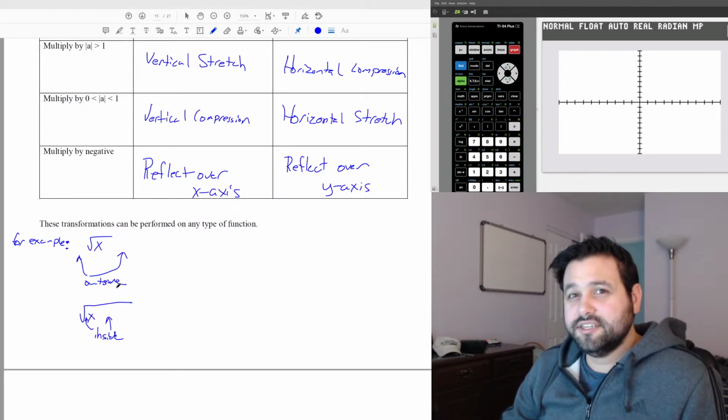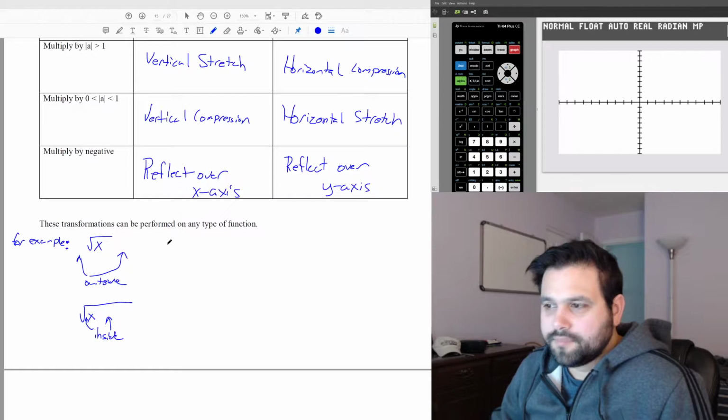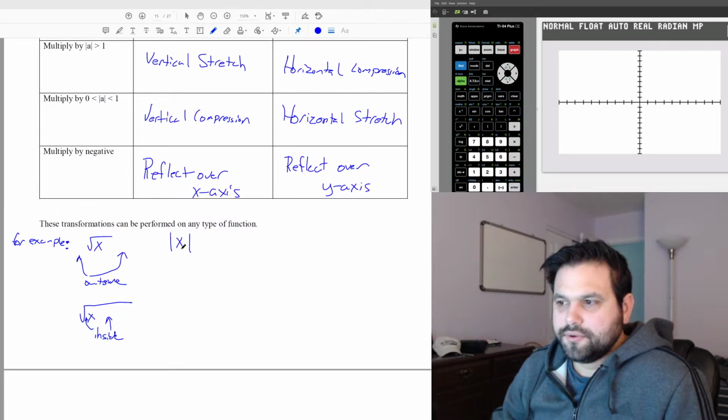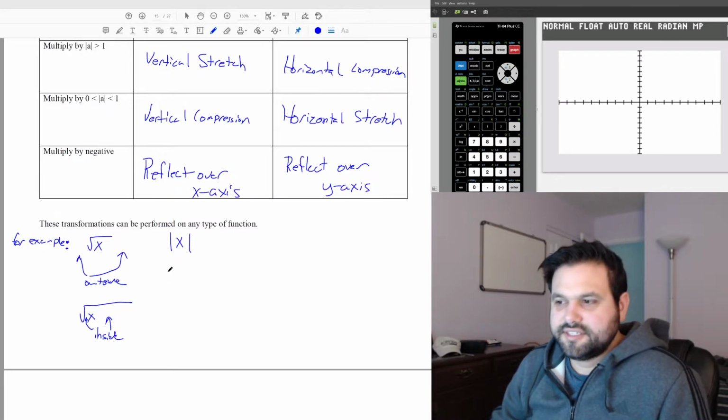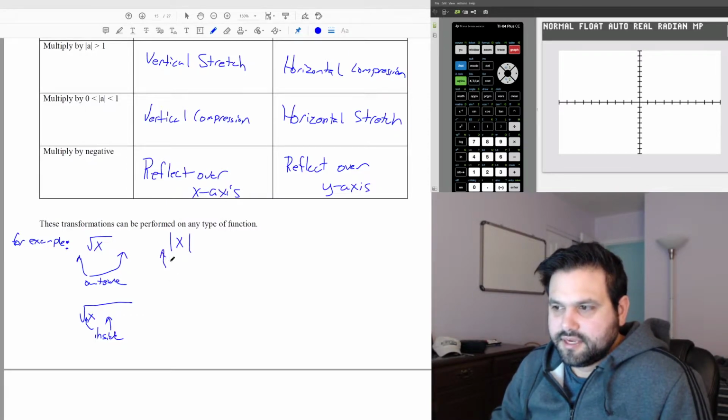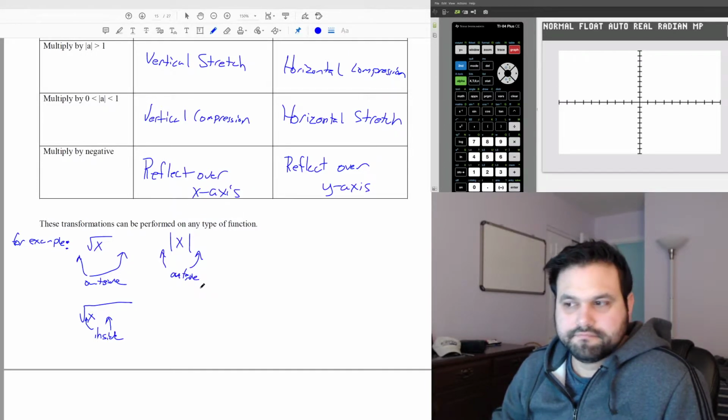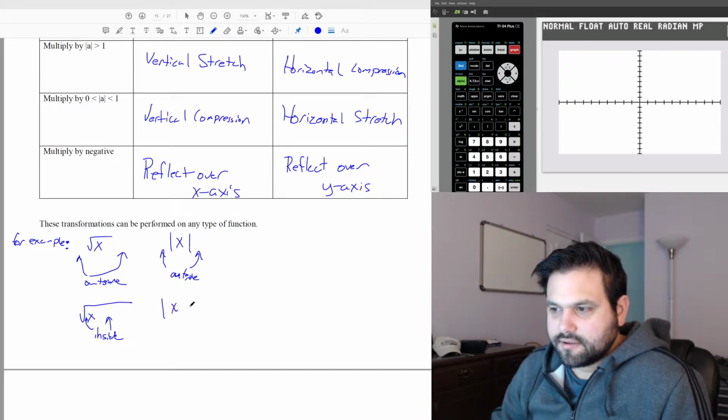Same thing for absolute value: here and here is outside, and anything here and here is inside.